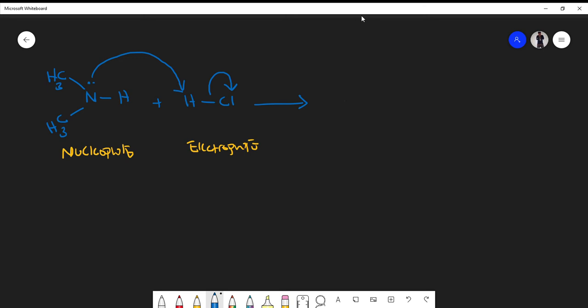So in other words, if I draw the products, I have a nitrogen that still has two methyl groups on it, or two CH3 groups, but now it has taken on an additional hydrogen. Now, if you do the formal charge around the nitrogen, you would actually see that it is positive.